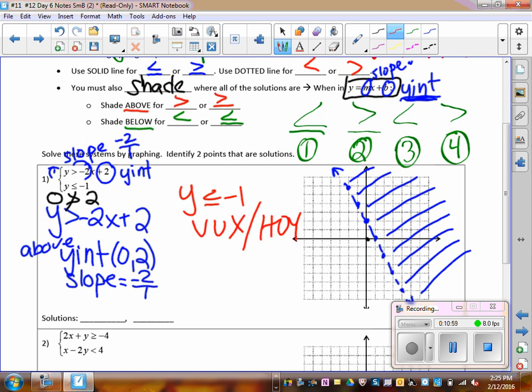Since it's y, which one do we use? y. And for a y equation, what does it look like, vertical or horizontal? Horizontal. All right, so let's go to y is negative 1. I want everyone on your graph to go to negative 1 and plot your dot. And is this a solid or a dotted? Solid line. So let's go ahead and make our solid line there.